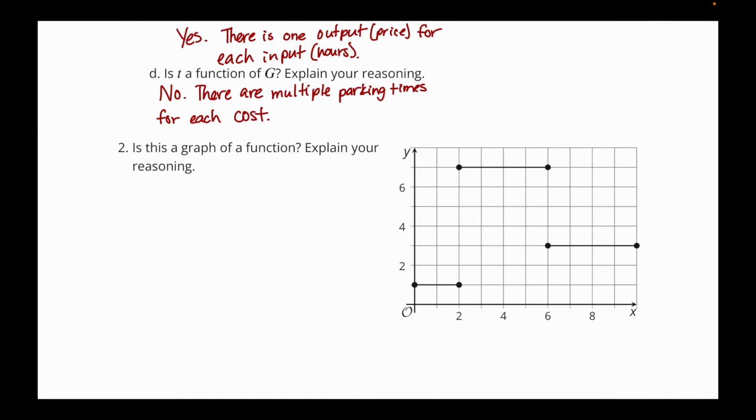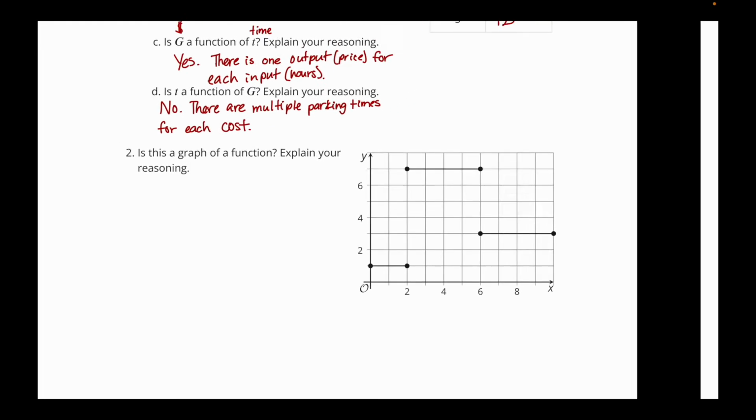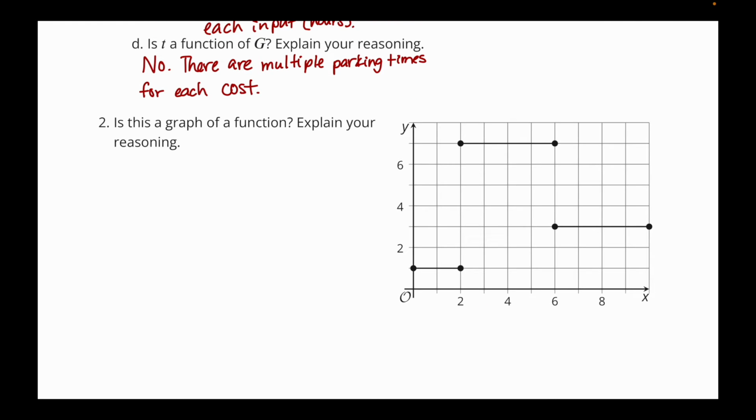Looking at number 2, they want to know, is this a graph of a function, and explain your reasoning. So first of all, the answer to that is no. And the reason for that is this. Both of those points I just circled are closed circles, meaning they have defined values at that point.